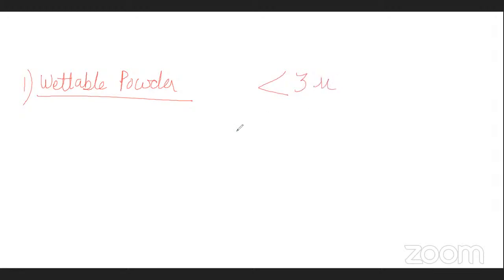Okay, the first one is the wettable powder. And usually the particle size of this wettable powder is less than 3 micron, and it usually forms a suspension.